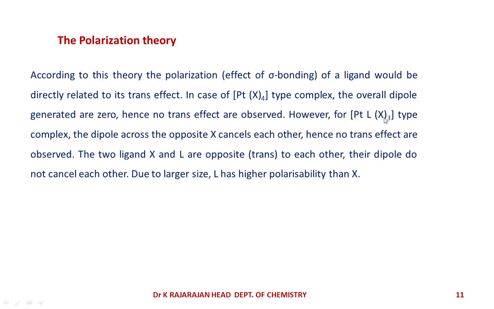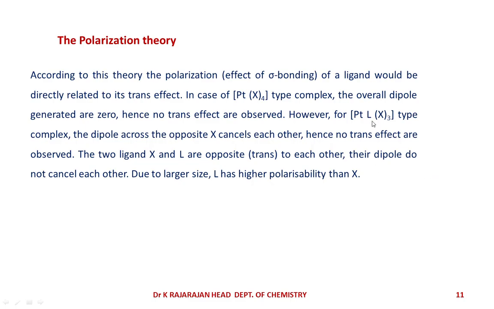So if it is this type of complex, what will happen to the dipole moment? The dipole moments across the same ligands that are trans to each other, XX, cancel each other, and so no trans effect is observed.